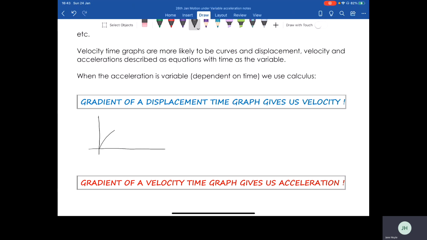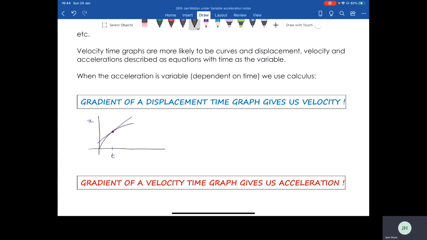So if we have a curved graph like this, if we can find the gradient at a particular point t, if this is a displacement, an x-t graph, if we can find that gradient, we have got the velocity.